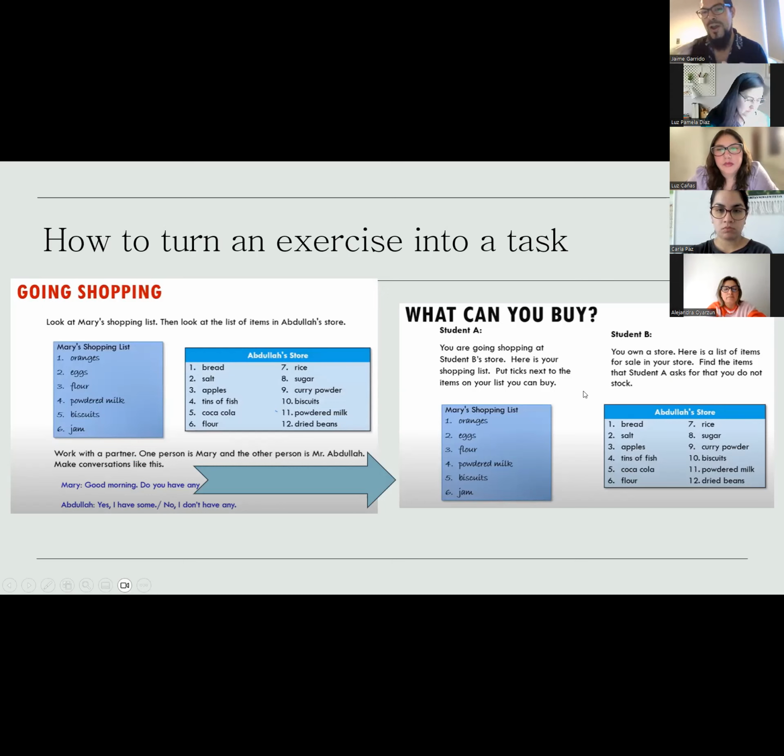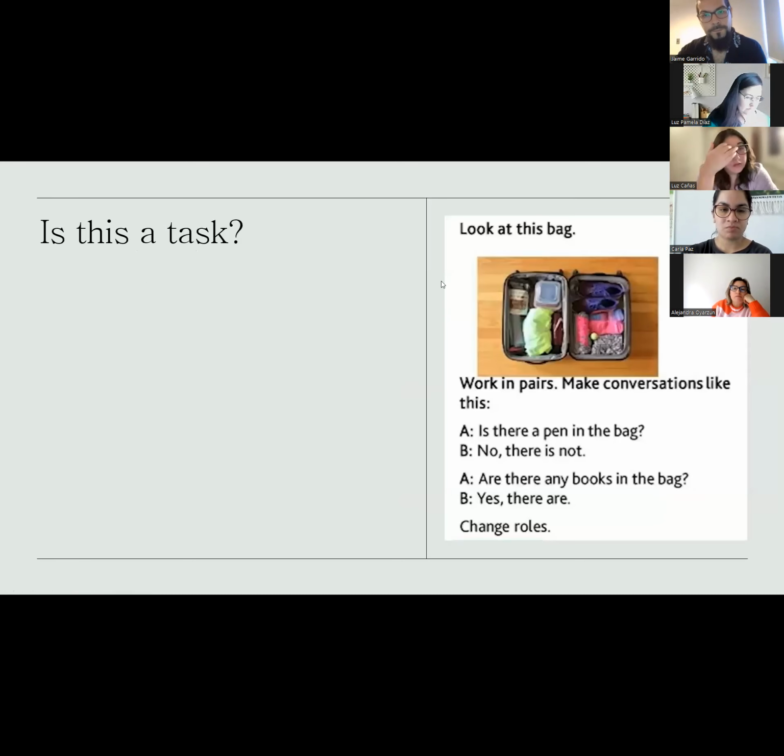So there is a problem there that they have to solve. As you can see in the exercise, the students are given the expressions for how to ask for food: Do you have any? Yes, I have some. No, I don't have any. That is not given in the second example. Now, is this a task?